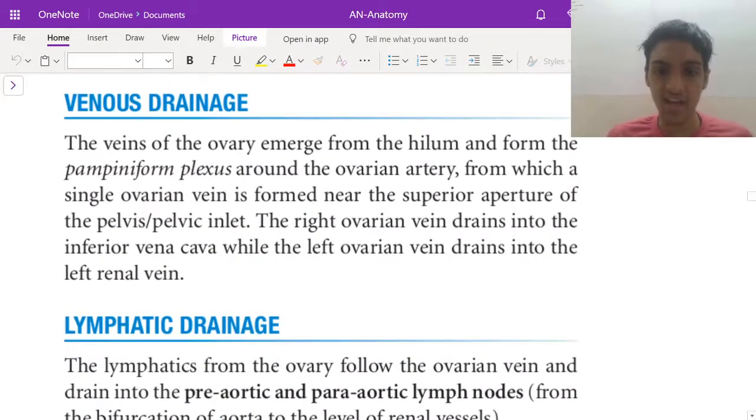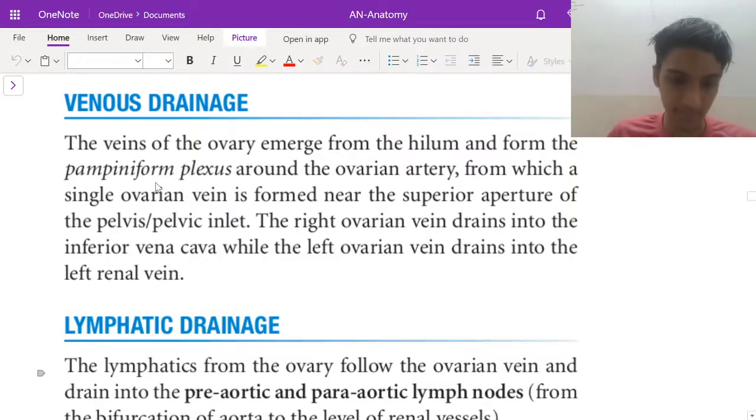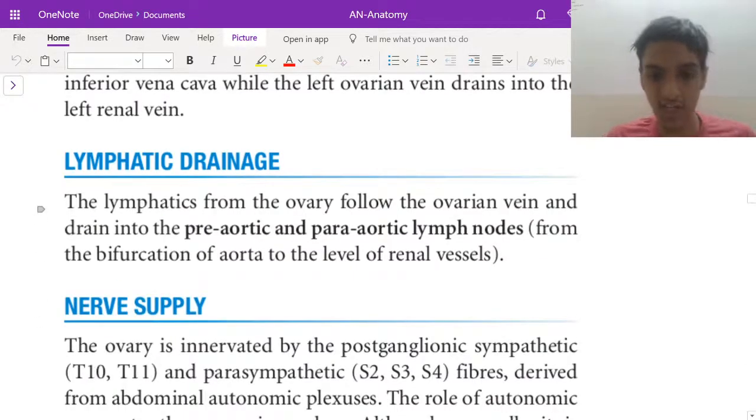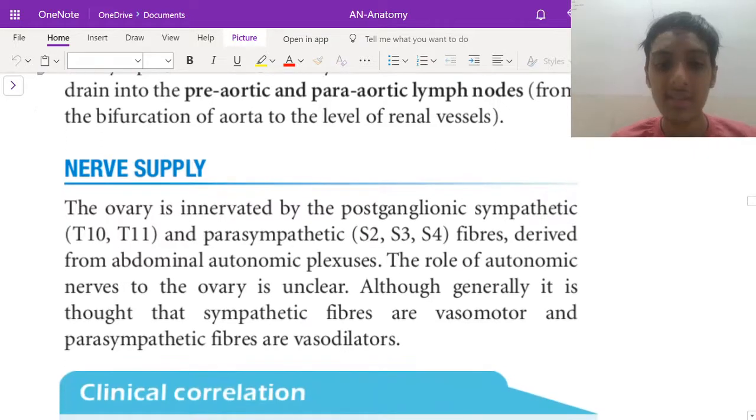Now the venous drainage is the same, but the extra pampiniform plexus is very important. Even for the testis we have seen pampiniform plexus, same with the ovary. And the lymphatic drainage is the pre and para aortic lymph nodes. Nerve supply is T10, T11. Parasympathetic will be the same, S2 to S4. So T10, T11 is the sympathetic.